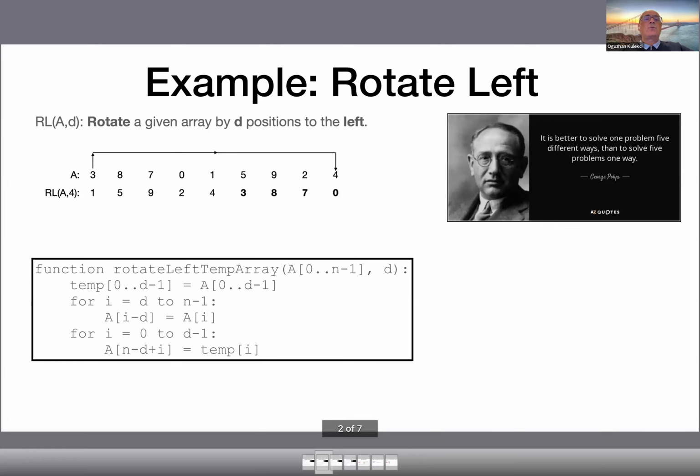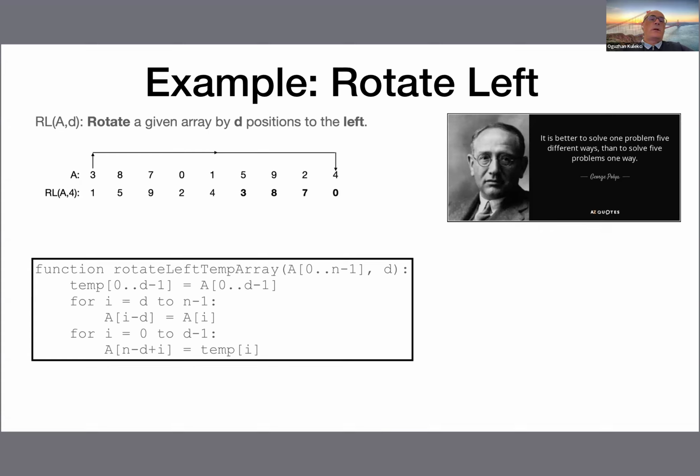Surely, I should start somewhere that is beyond the first d positions. I mean, okay, in this example, I'm rotating left by 4 positions. Skipping the first 4 guys, what I will do is I will immediately shift this element by 4 positions, 1, 2, 3, 4. And this will go here, and this will go here, okay?